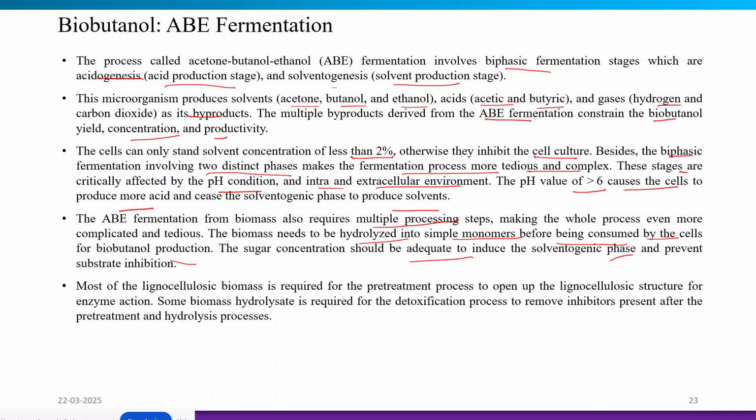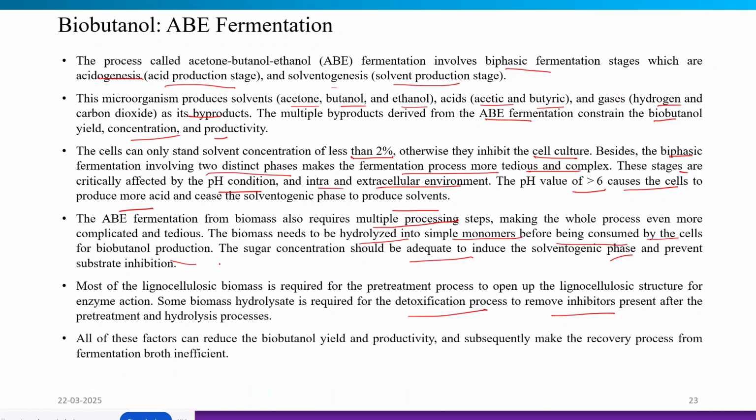Most lignocellulosic biomass requires a pretreatment process, to make it good enough for enzymatic action. Some biomass hydrolysate requires a detoxification process to remove the inhibitory components present after pretreatment and hydrolysis. All of these factors can reduce the biobutanol yield and productivity, and subsequently make the recovery process from the fermentation broth inefficient.